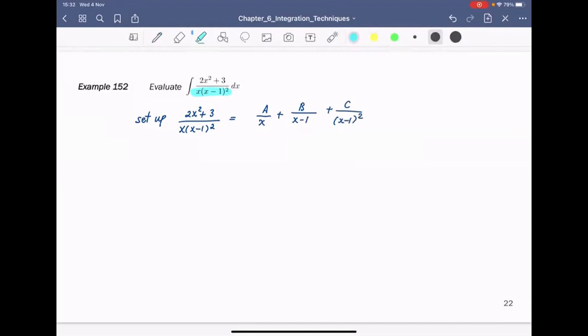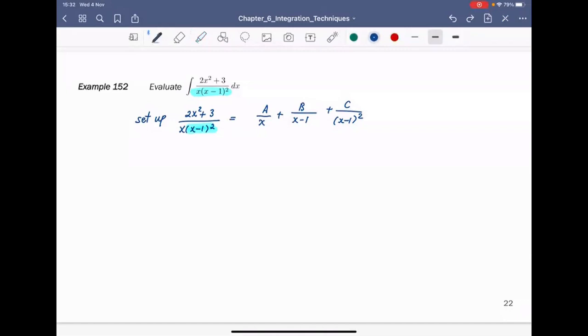Because you have x minus 1 squared here, that means you need to duplicate the x minus 1 two times. That is the rule of decomposition. If you have x minus 1 to the m, you're going to have m copies of x minus 1 with different powers on the right hand side.